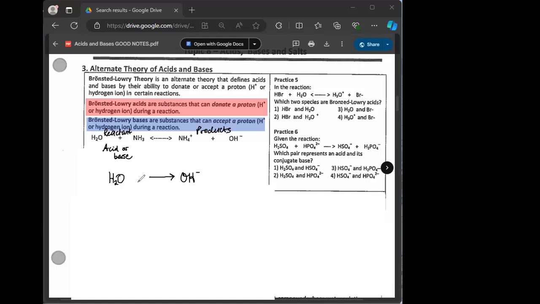Okay, so it must have lost a hydrogen ion. So substances that lose hydrogen ions, those are acids. So that means that H2O is the acid.